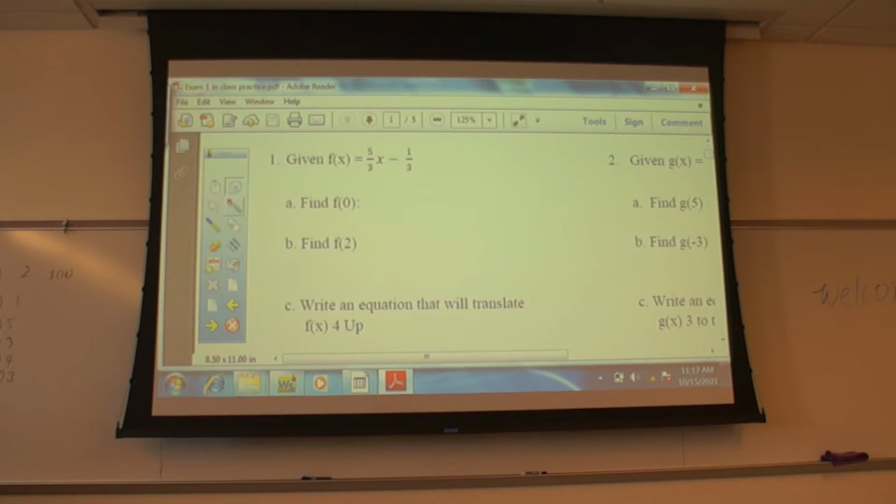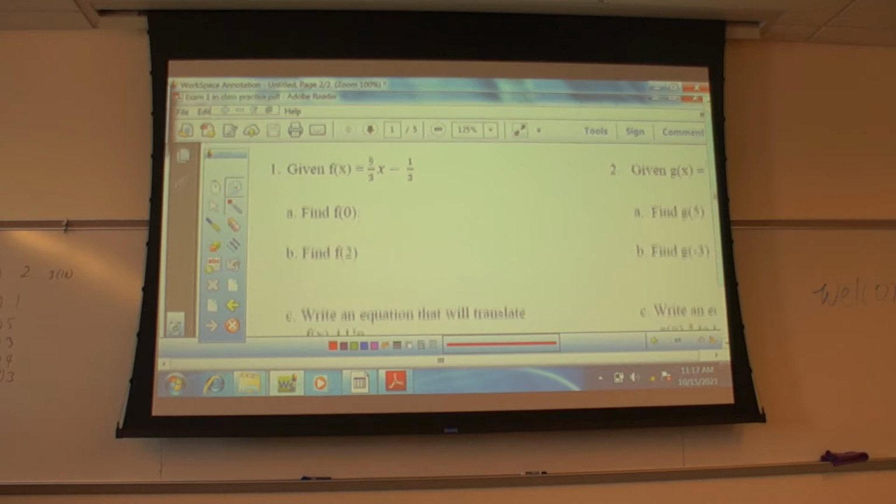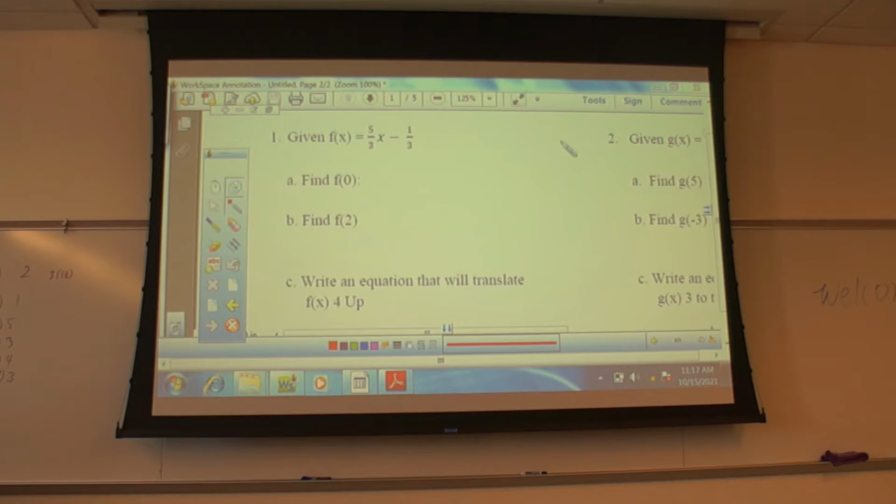All right, so number 1, given f of x equals 5 over 3x minus 1/3, find f of 0. So you're going to rewrite this the exact same way you would, right? y equals 5 over 3x. Everywhere you see x, you're just going to put a big parentheses. And inside there, for this one, you're going to put 0.